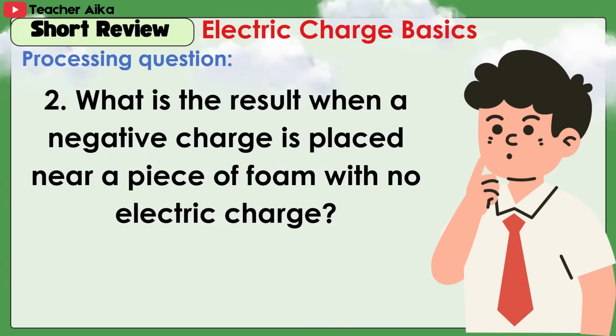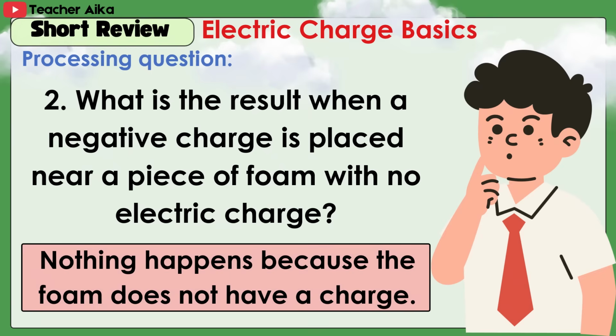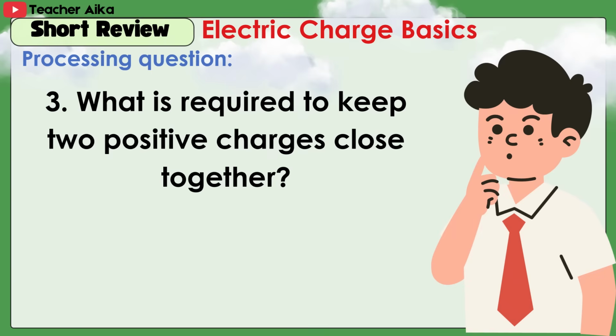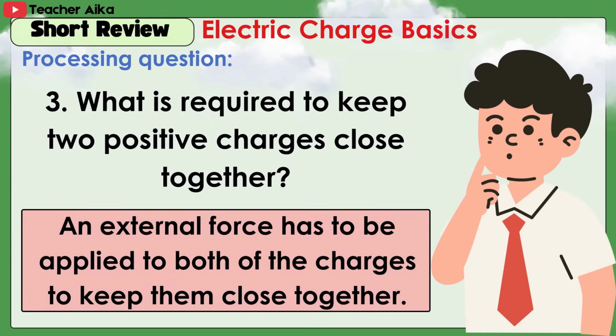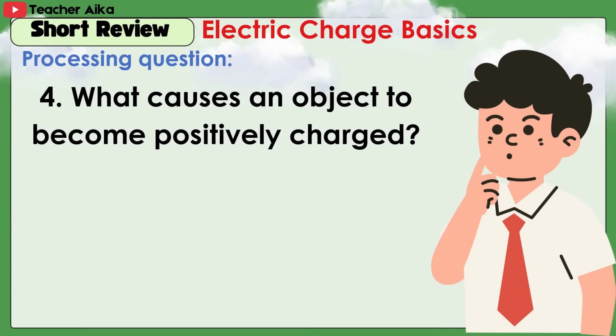2. What is the result when a negative charge is placed near a piece of foam with no electric charge? Answer: nothing happens because the foam does not have a charge. 3. What is required to keep two positive charges close together? Answer: an external force has to be applied to both of the charges to keep them close together. 4.